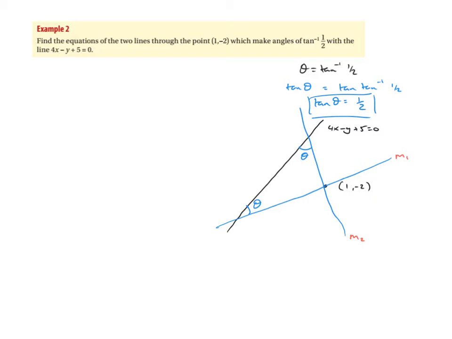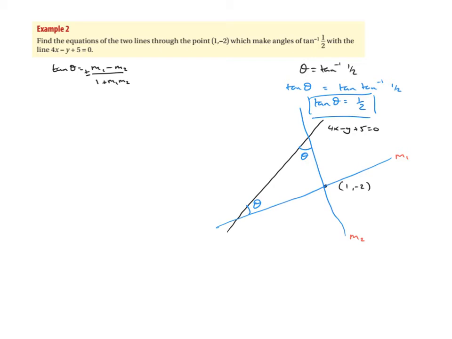Okay, so what can we do here? Well, we're going to do exactly what we did before and put it into the formula. tan theta is equal to (m1 - m2) over (1 + m1 m2), and we're going to use the plus or minus this time. Again, the modulus is exactly the same, just using the plus or minus makes this a little bit easier.